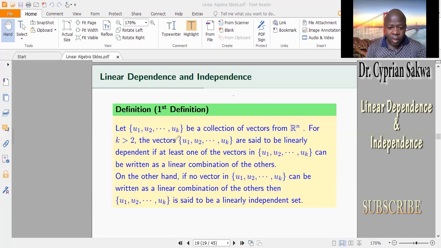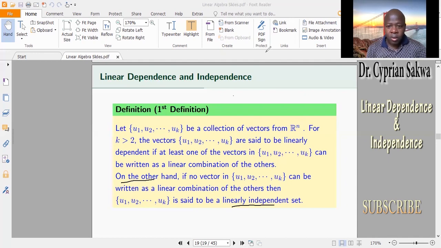Now, if none of these vectors can be written as a linear combination of the rest, then we say that this set of vectors is linearly independent. On the other hand, if no vector in this set can be written as a linear combination of the other vectors, then the set of these vectors is said to be linearly independent.